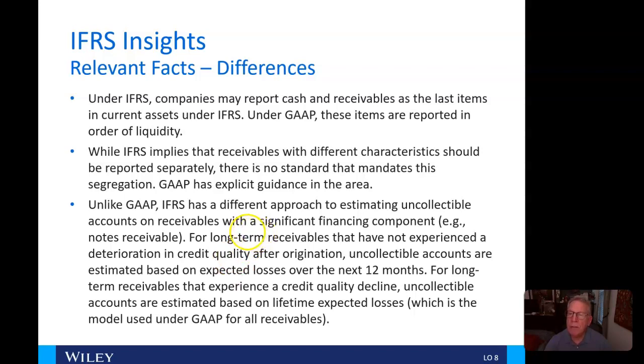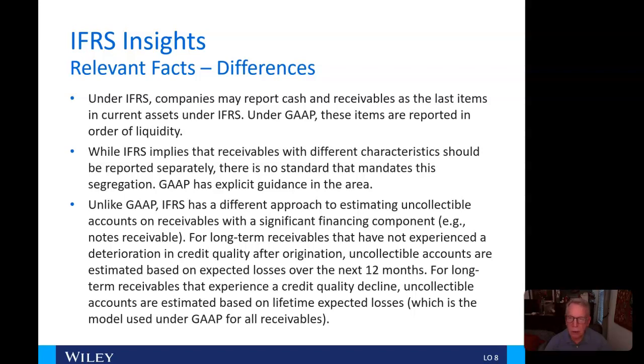Differences. Under IFRS, companies may report cash and receivables as the last items in current assets, and under GAAP, we report those in order of liquidity. So IFRS implies that receivables with different characteristics should be reported separately.